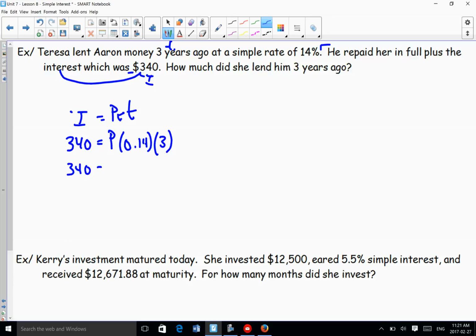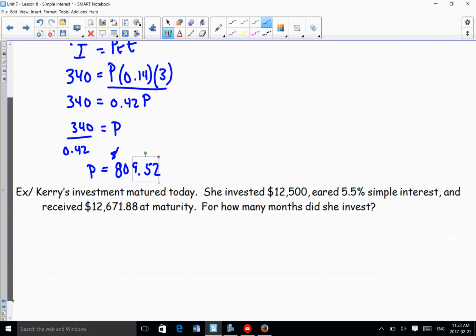We multiply these 3 things together right here, 3 times 0.14 times P, and the order doesn't matter. I get 0.42 P. If I want to get P, I can divide it out. And P comes out to $809.52. There's the principal. That's how much she loaned him.